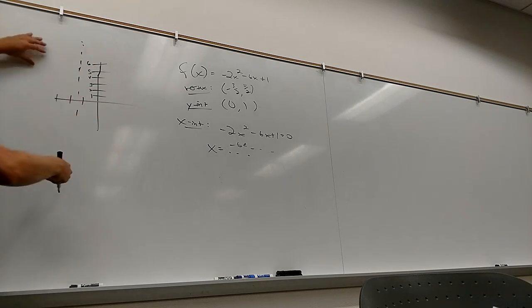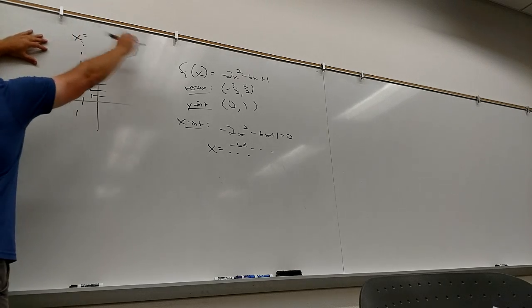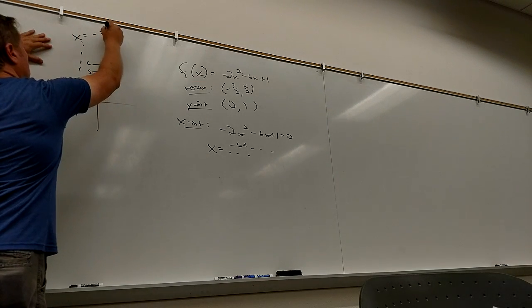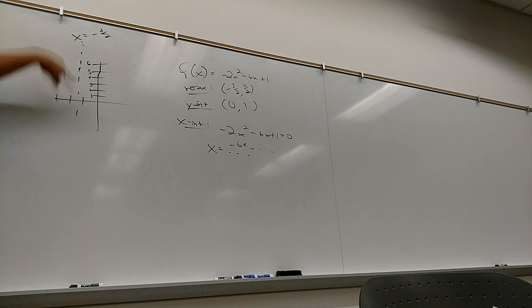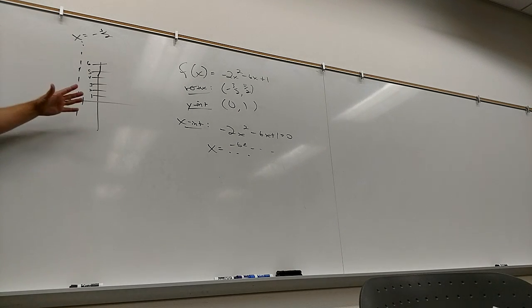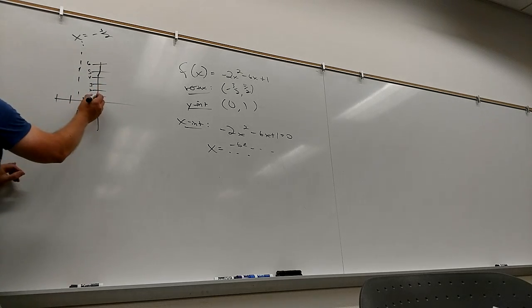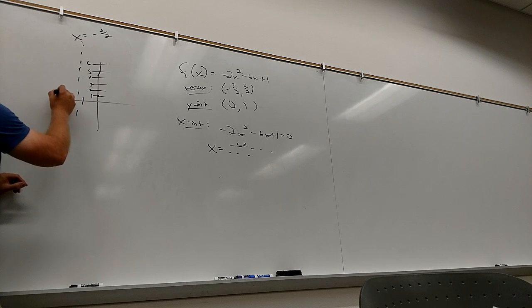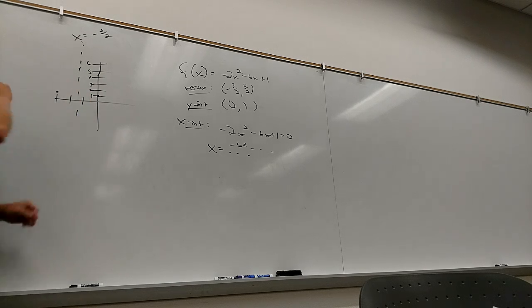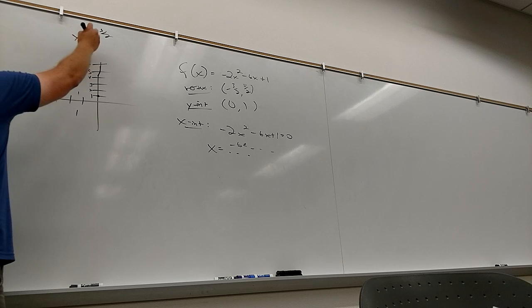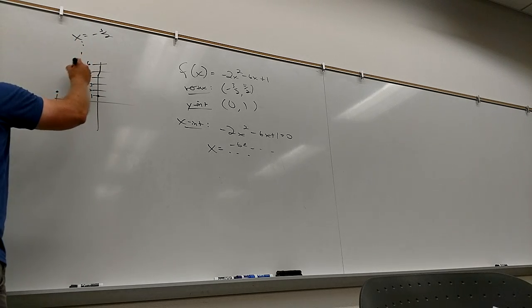The axis is x equals the number, because that's the equation of a vertical line. The y-intercept is 0, 1. Where's another point? 1 1/2 over, right? And now you've got it.